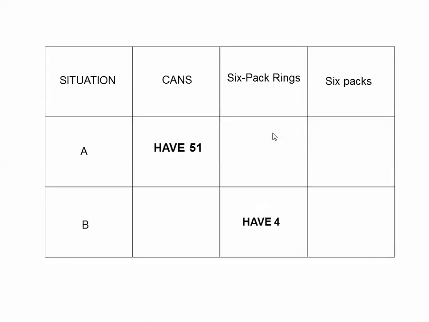So let's look at this. If you have 51 cans, how many 6-pack rings do you need? You need 8.5. 8.5 times 6 is 51. And you would get 8.5 6-packs. All right, with 4 plastic rings down here, how many cans would you need for that?